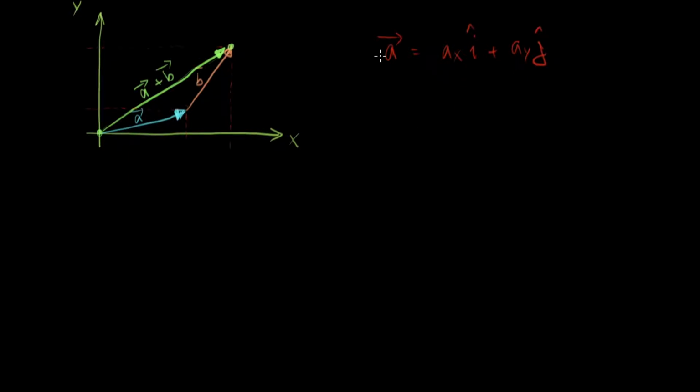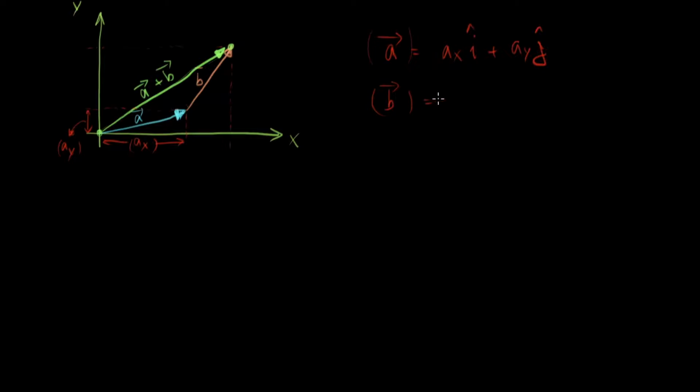And that means that if I want to go to vector A's head from the tail, I must travel a distance of a sub x in the x direction, and I must travel a sub y in the y direction. So there you have it, that's vector A.